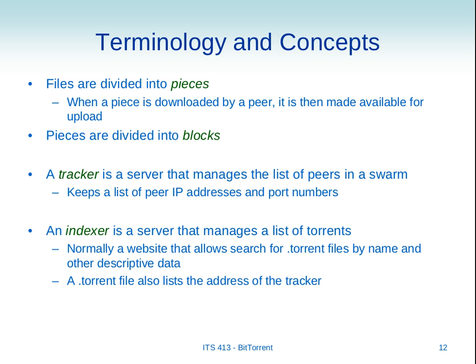This file includes the address of the tracker, so a new peer goes to an indexer, obtains this file, the .torrent file, which includes the address of the tracker, so they go to the tracker, and the tracker contains a list of the peers, P1, P2, P3.